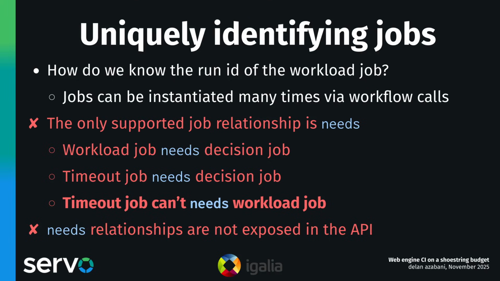Unfortunately, you can't know the run ID of the job until it starts, and it may not ever start. Or at least you may not know it until the workflow runs, and there can be many instances of the job in the workflow because of workflow calls.